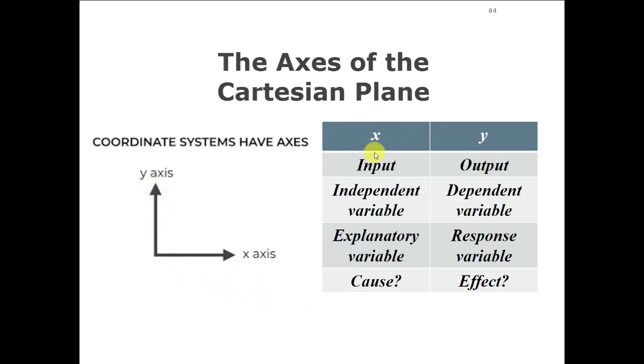So we've got the x and the y. Another way that we can say x and y might be input and output. One can be independent variable and dependent variable. And in some cases, one can be the explanatory variable and the y can be the response variable. But when we get to cause and effect, that's where things get a little bit more muddled.